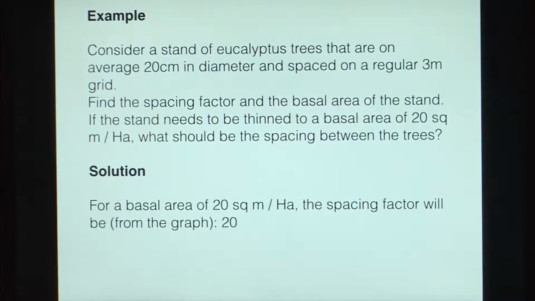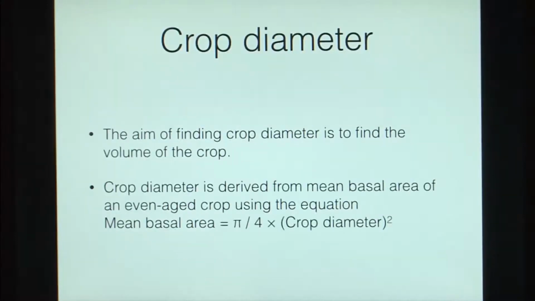It can also be used to calculate the amount of thinning that is required, and so we looked at these examples. Next we defined crop diameter. Crop diameter is used to calculate the volume of the crop, and we use crop diameter or DQ, and we define it as follows: the mean basal area of all the trees in the stand. So, this mean basal area is the basal area of n number of trees divided by n.